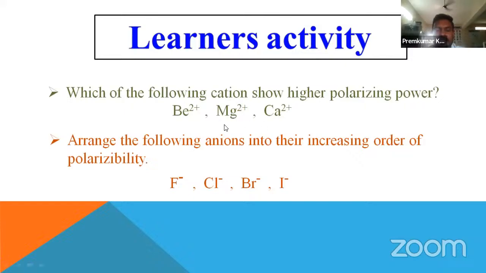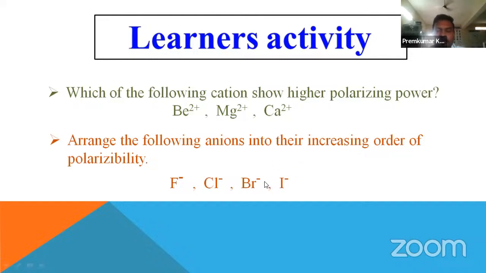In this question, they can apply that concept, and they can clearly see that all these cations show charge, and we have to consider size in case of these cations. After applying size, they can clearly give the answer which cation will show higher polarizing power.